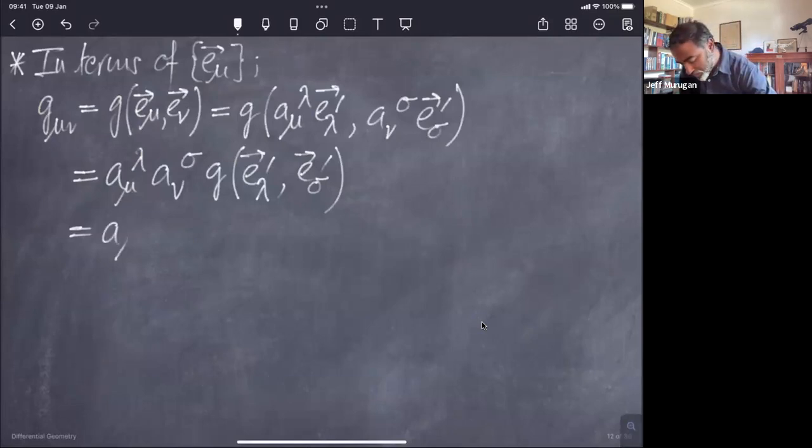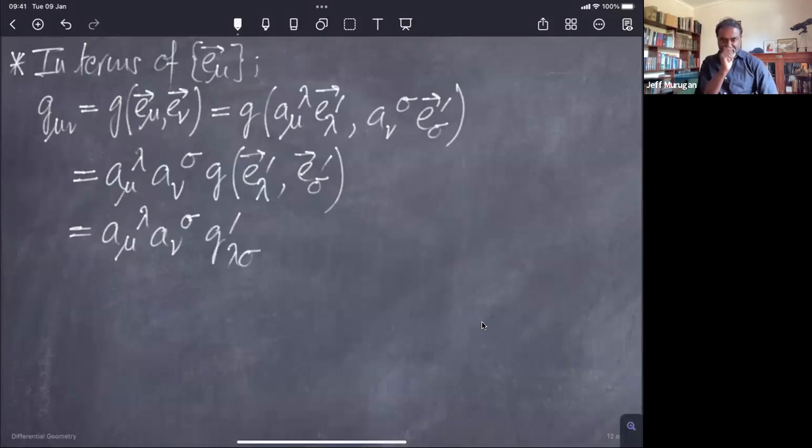So this is A mu lambda, A nu sigma, G prime lambda sigma. In other words, both of the indices of G mu nu transform like the downstairs indices of a covector. And we say that G mu nu transforms as a doubly covariant vector.